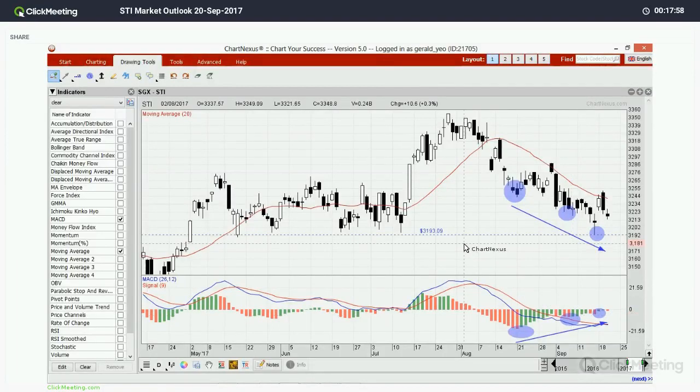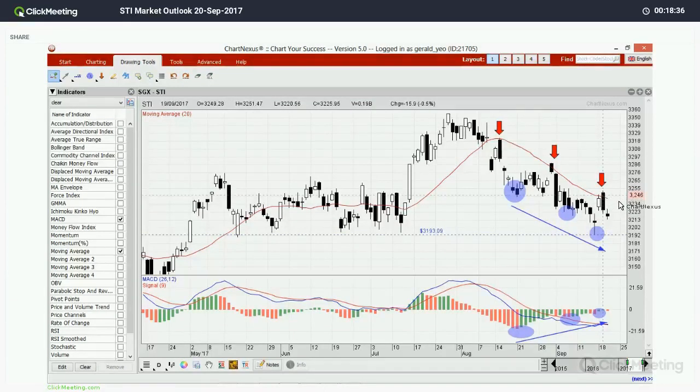So how do we know when this will take place? This is where the key will be the 20 days moving average. You notice the moment the price starts to fall below the 20 days moving average, it had never been able to trade past it again. This is what we term as resistance. So so long as the 20 days moving average remains resistance, pressing down the STI index, the trend will remain down.